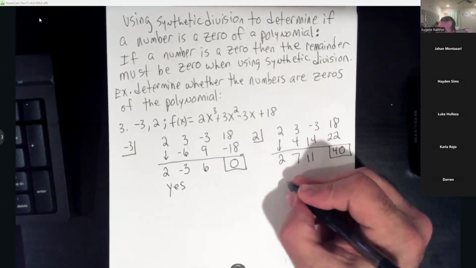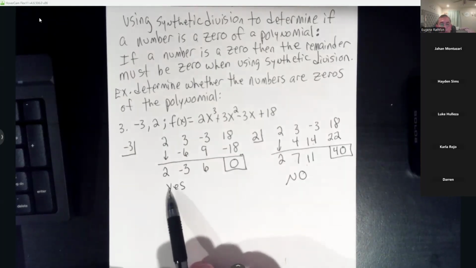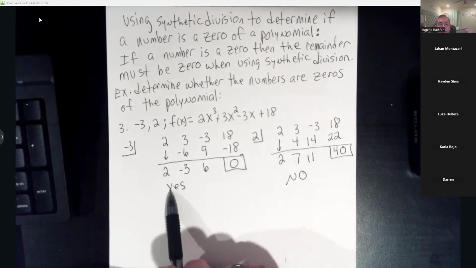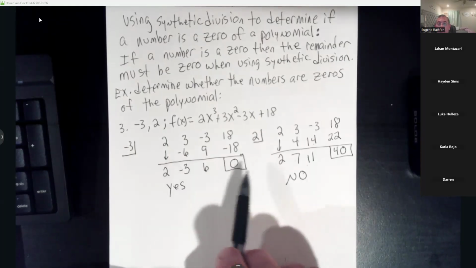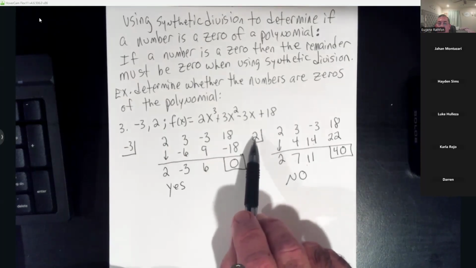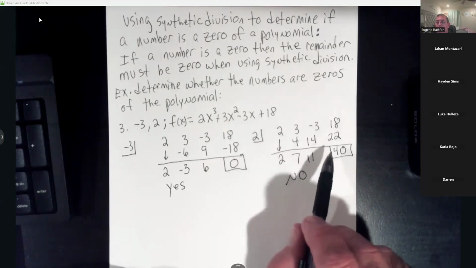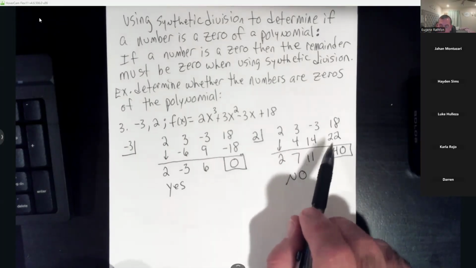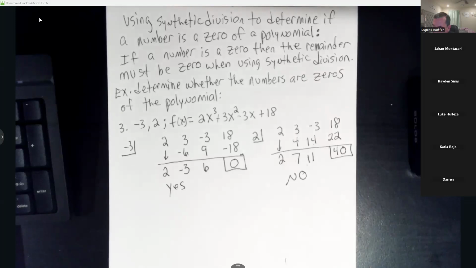So good job. That is definitely a no. So y'all on the answer blanks, you'll pick the one that says -3 is a 0 because f of -3 equals 0. And then 2 is not a 0 because f of 2 equaled 40. So you got to put in those remainders in those answer blanks on number 3, okay?